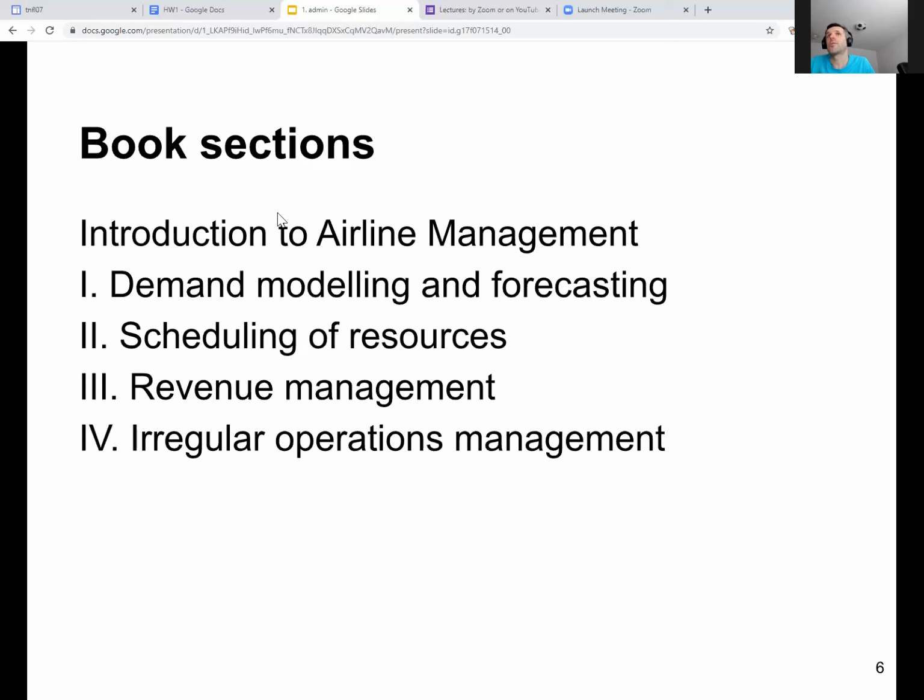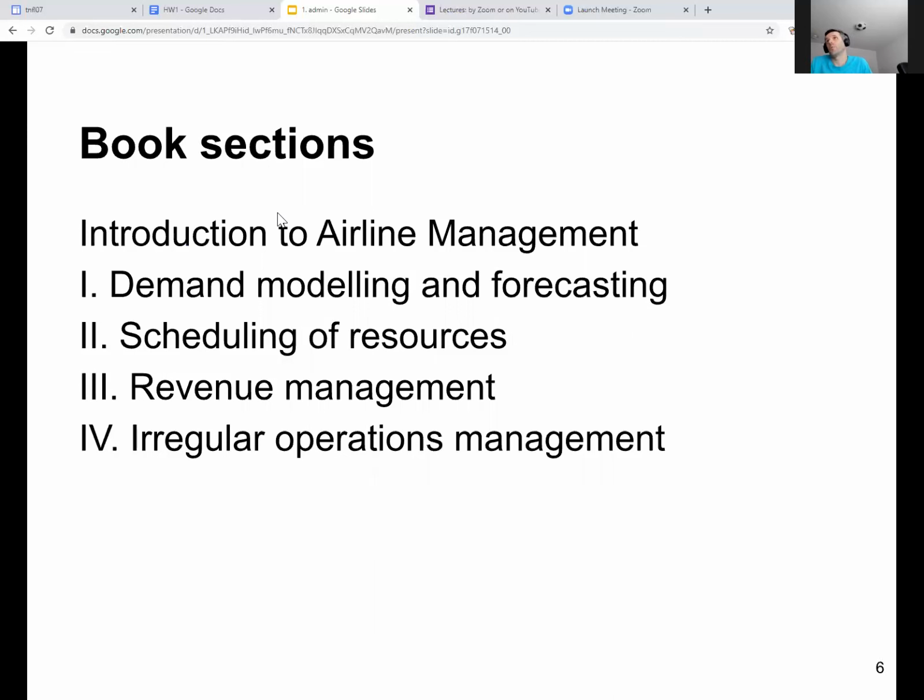It starts from demand modeling and forecasting. You want to know how many people will fly your aircraft. Then you need to schedule the resources that you have: the fleet, the people of course, and also some airport resources. We'll see if we get to study the airport resources, but fleet assignment is the first topic. We will also briefly touch on schedule and the crew.